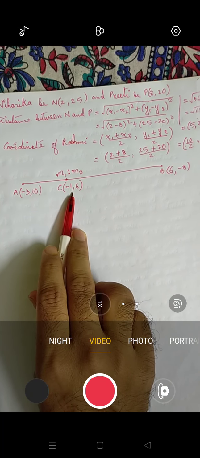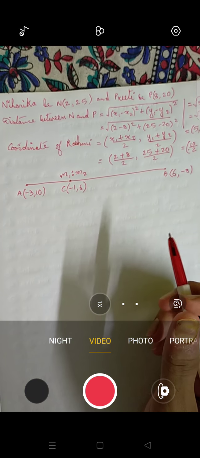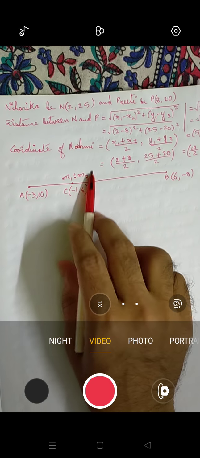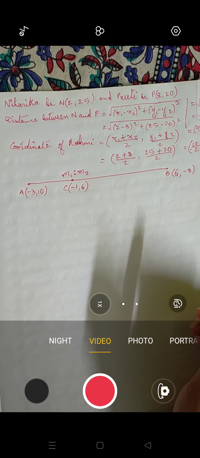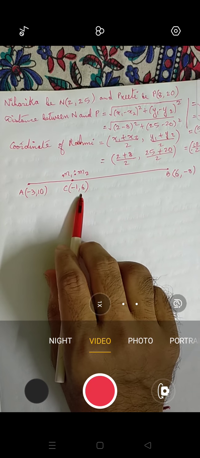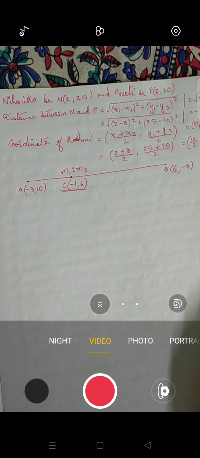Are you getting it or not? As I already told you, whenever we apply the section formula, ratios are given. So when we apply the section formula, we get this coordinate. Same way, we will get this coordinate or not?